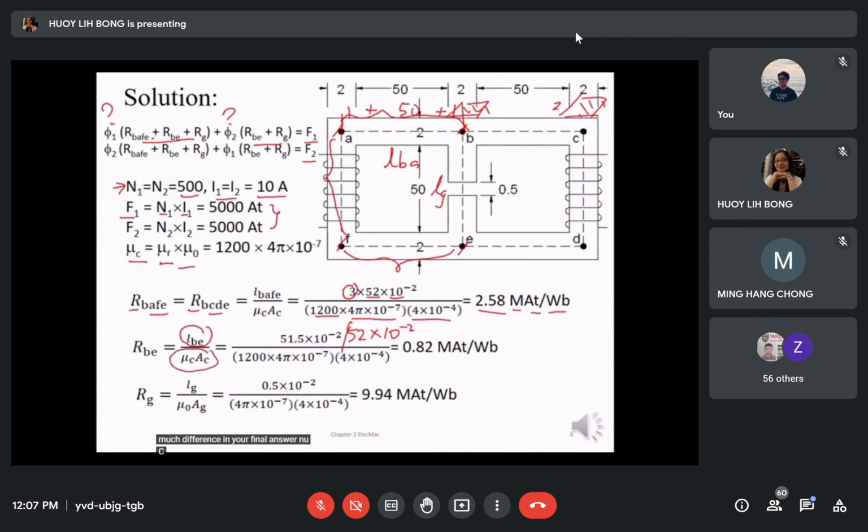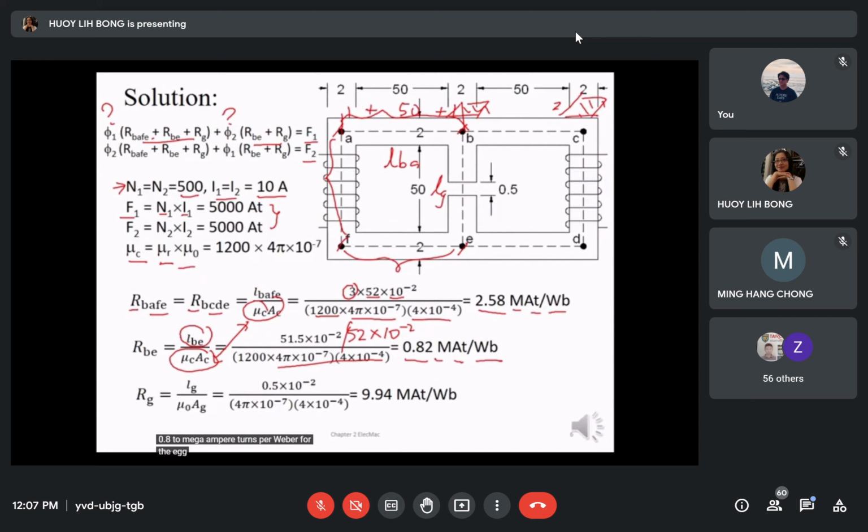Mu C times the area of the core is the same for the left and right core. Hence, we get 0.82 mega ampere turns per Weber.